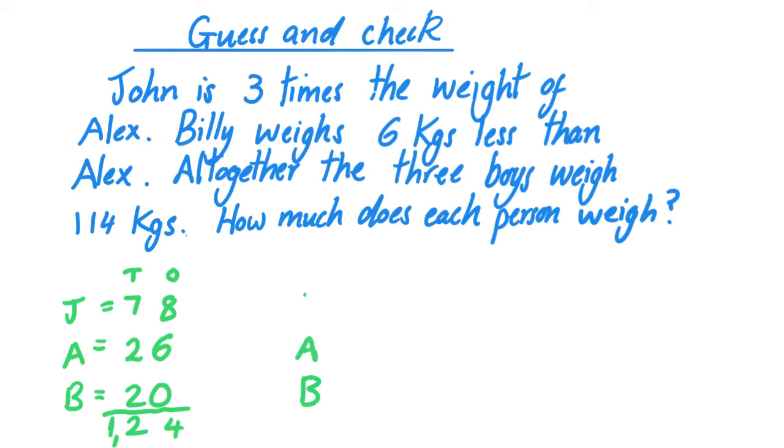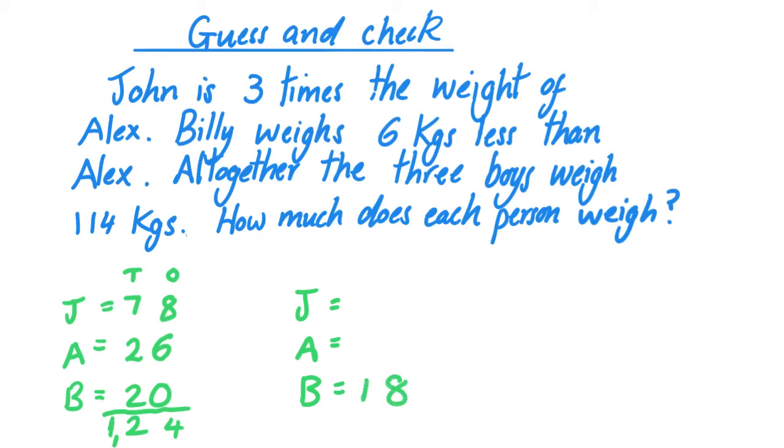We've got Alex and we've got John. Okay, well, 124, I'm going to need to bring my numbers down just a little bit for Billy, if I want 114. Well, let's try 18 this time then. So let's make Billy 18.